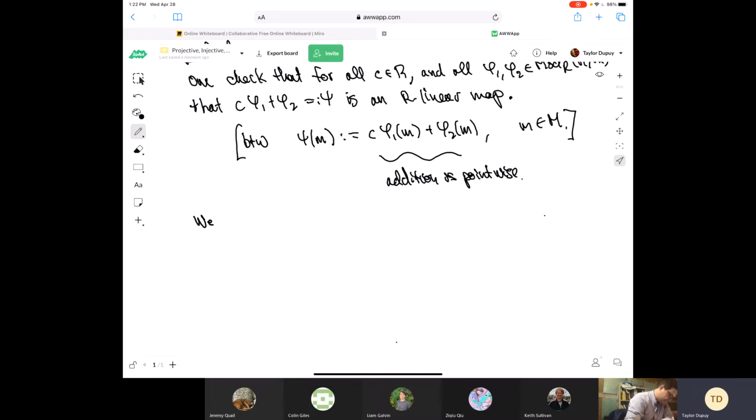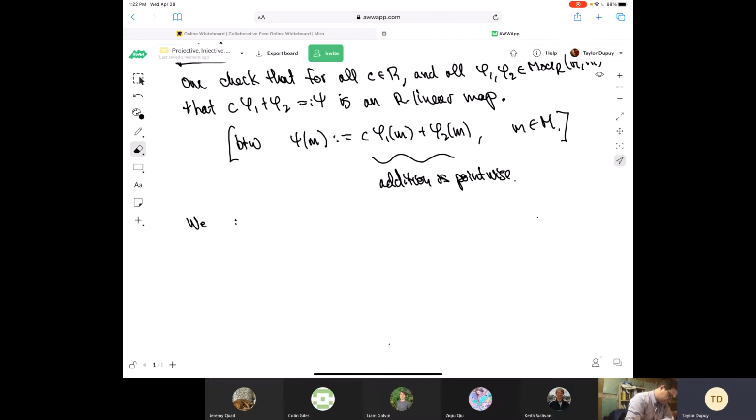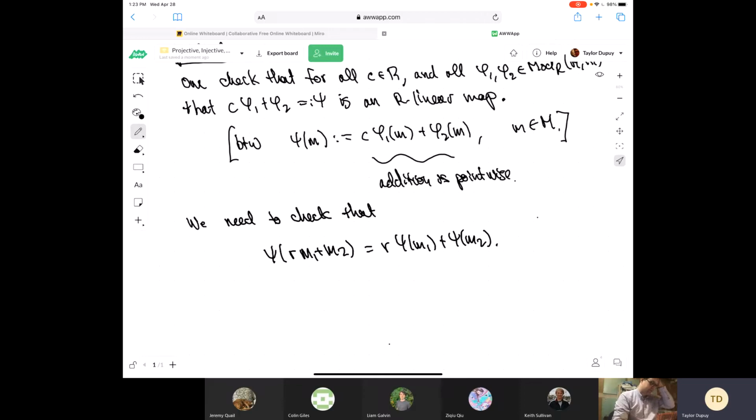We need to check that psi of r m1 plus m2 is r psi of m1 plus psi of m2. That's what it means to be R linear.